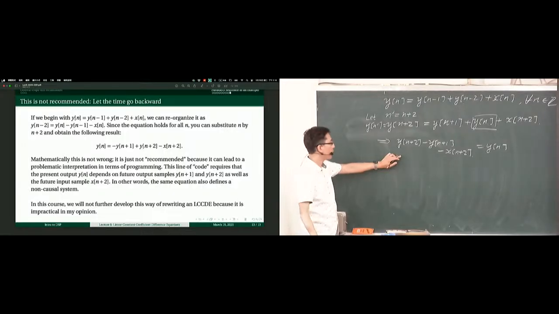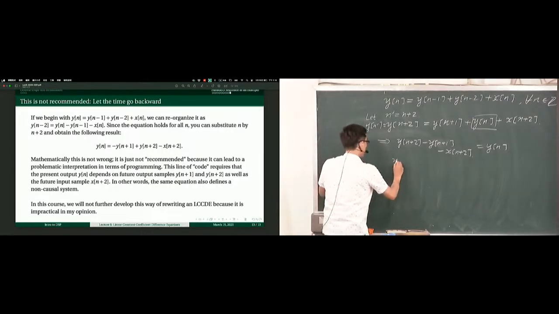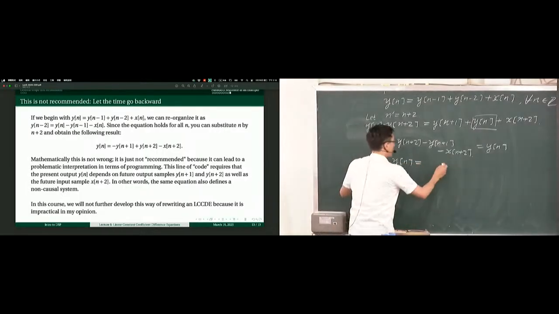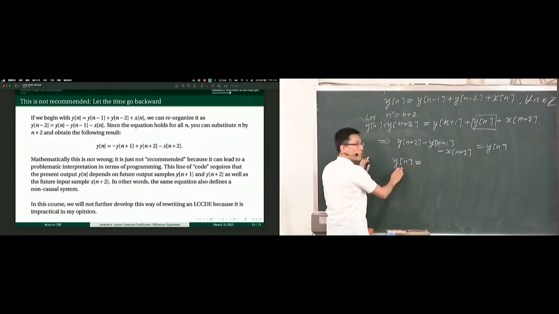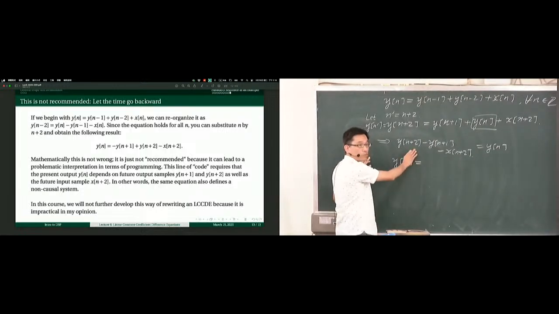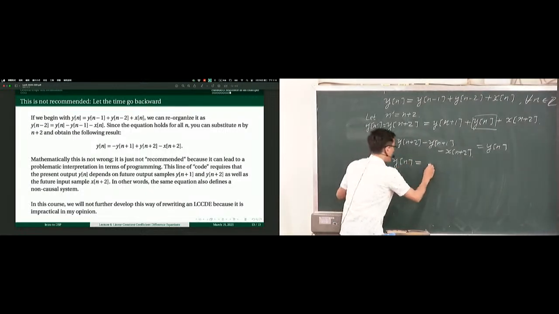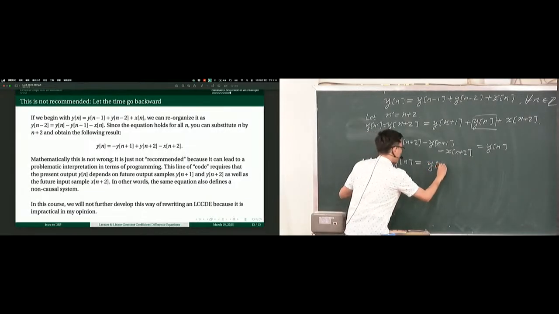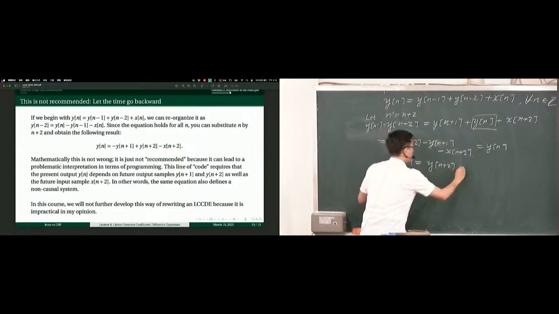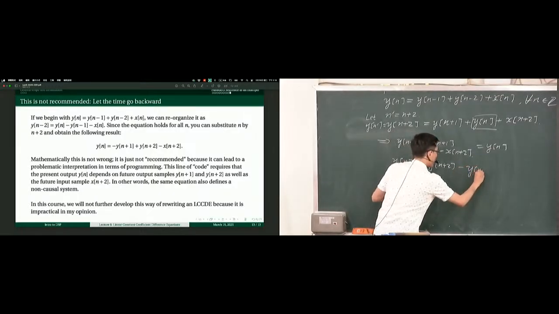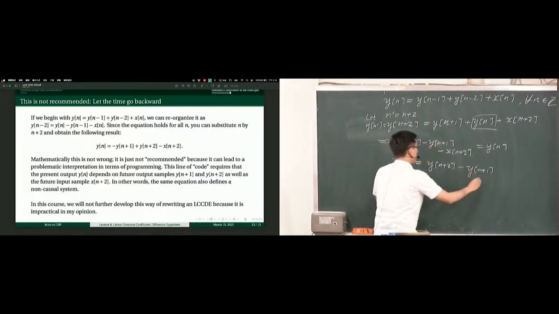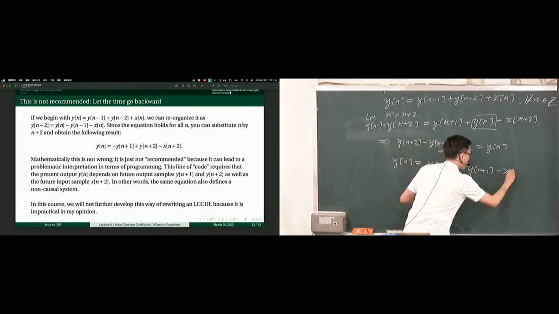Why? If you consider this as one line of your computer code, what we have is an expression of y of n in terms of its future samples. y of n can be expressed in terms of future samples: it equals the output two samples later, minus the output one sample later, minus the input that we will receive two samples later.